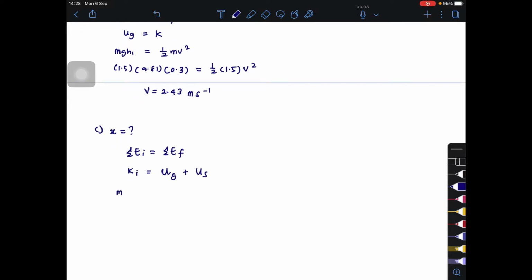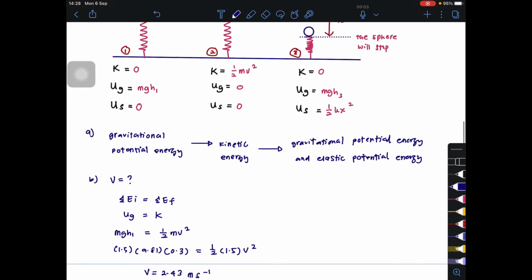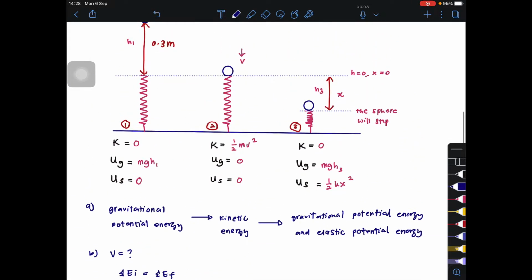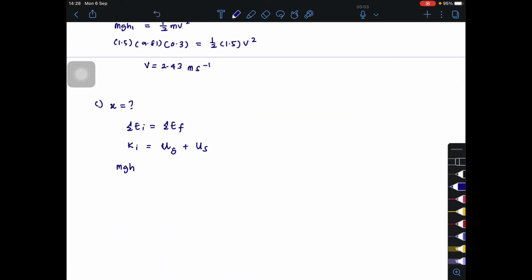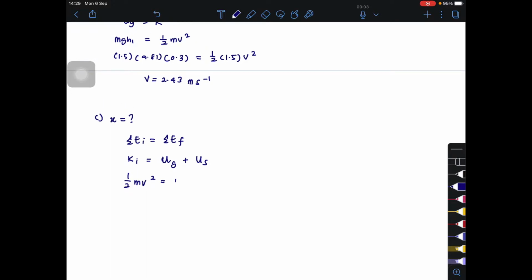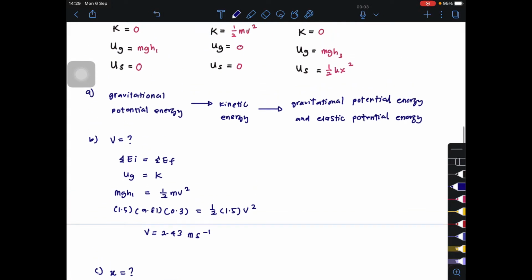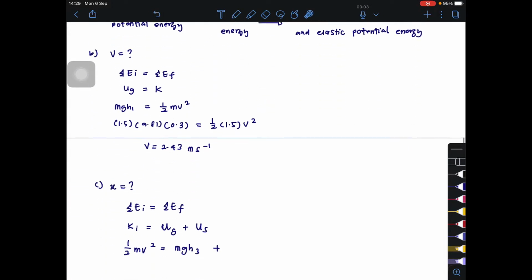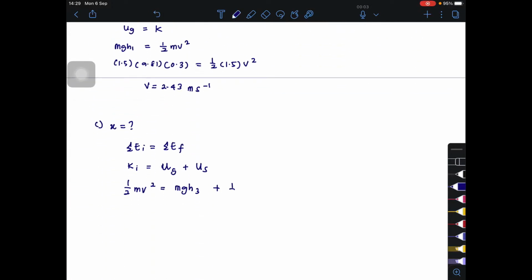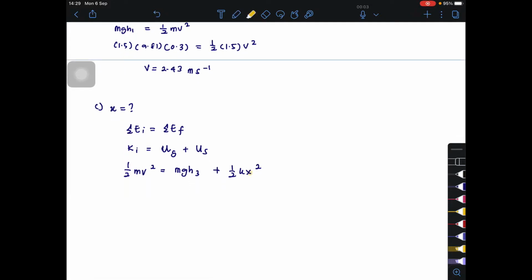Then masukkan, bukan mgh, half mv square. And then this one mgh3 plus this one, masukkan saja formula tu dulu, half kx square. So this is what we want, value for X.